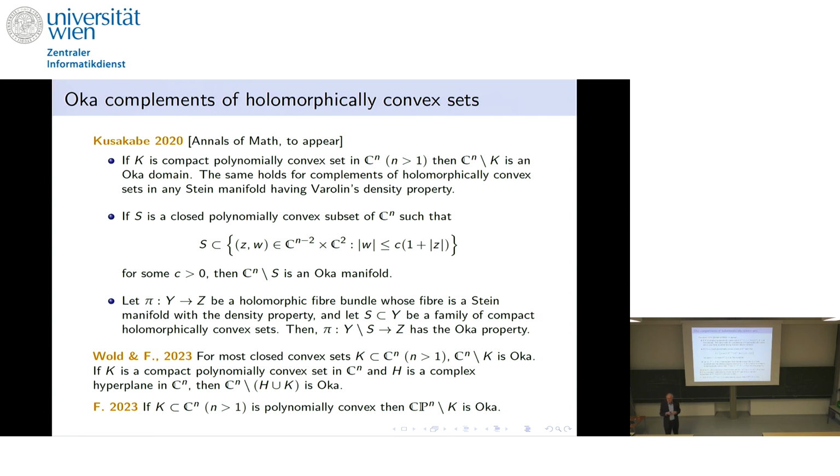Actually, a more general version of this theorem is that if you take an unbounded closed set in Euclidean space, which has the property that there is some complex hyperplane which avoids it, and such that the closure of these two sets, the domain and the hyperplane, in the projective space, so you compactify C^n with a projective space, you ask that the closure of the hyperplane and the set K don't meet also at infinity.